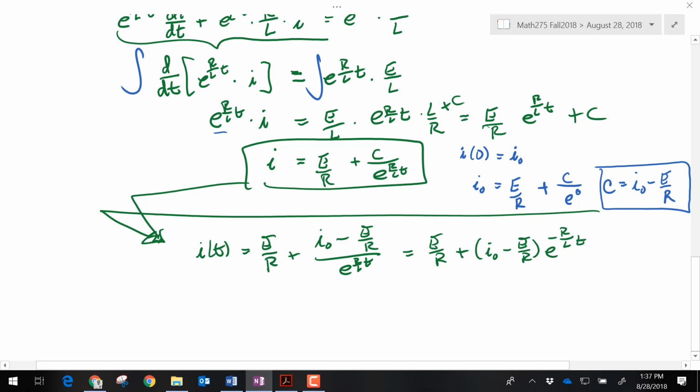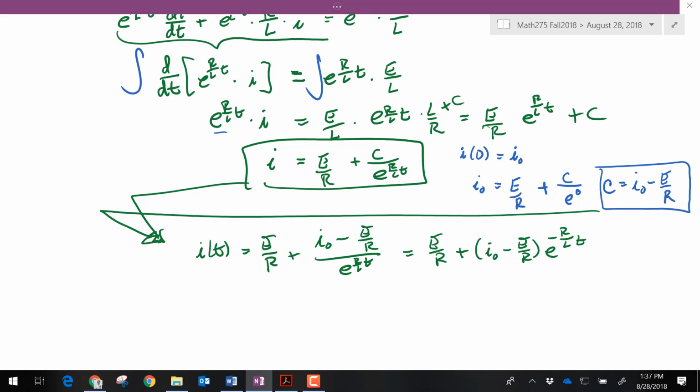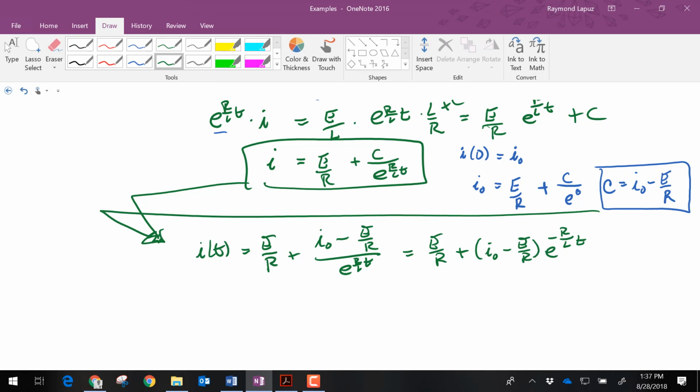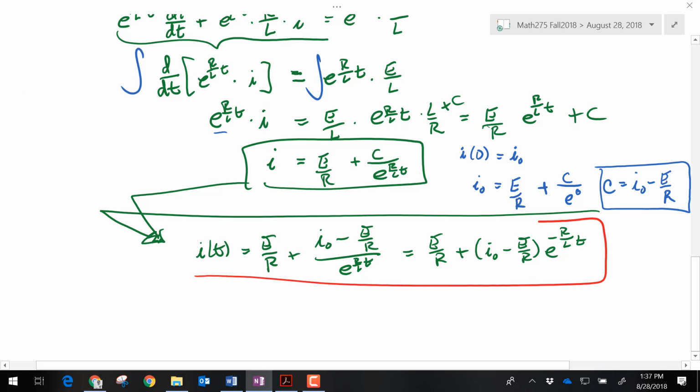Is that right? Okay, so I think either of these forms would do, and this should be the final answer.